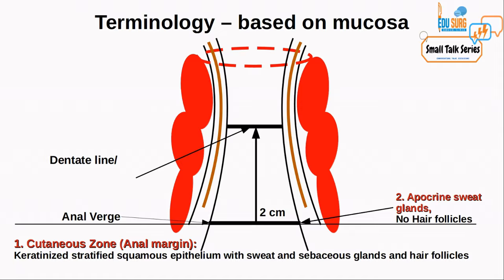2 centimeters from the anal verge roughly you have the dentate line, also known as the pectinate line or the mucocutaneous line or the watershed line, right?